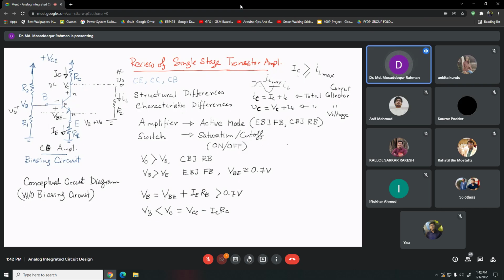Now, how will it vary? If I draw the diagram here, this is time, and this is our voltage, right?